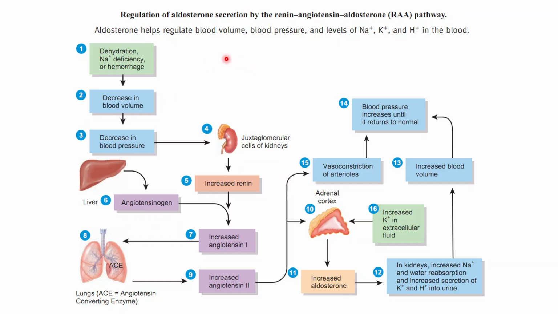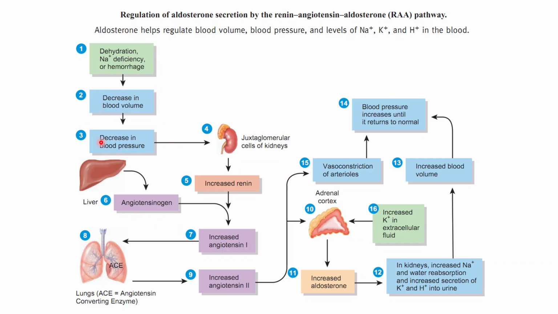So it is in response to reduced effective circulation volume. Essentially, if someone is undergoing dehydration, if there's low sodium or sodium deficiency, or there's hemorrhage, an injury and loss of blood, this all leads to a decrease in blood volume.